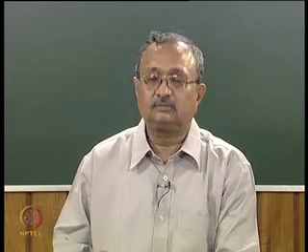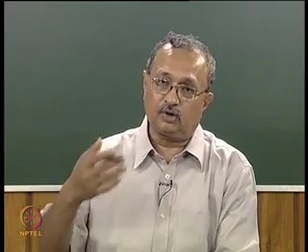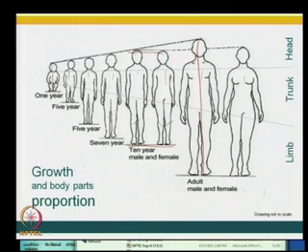And mostly it is seen that during adolescence, the girl's body growth is faster than that of the same-aged boys. But after this adolescence period is over, boys' growth continues, and then finally we can see the structures of male and female are different.